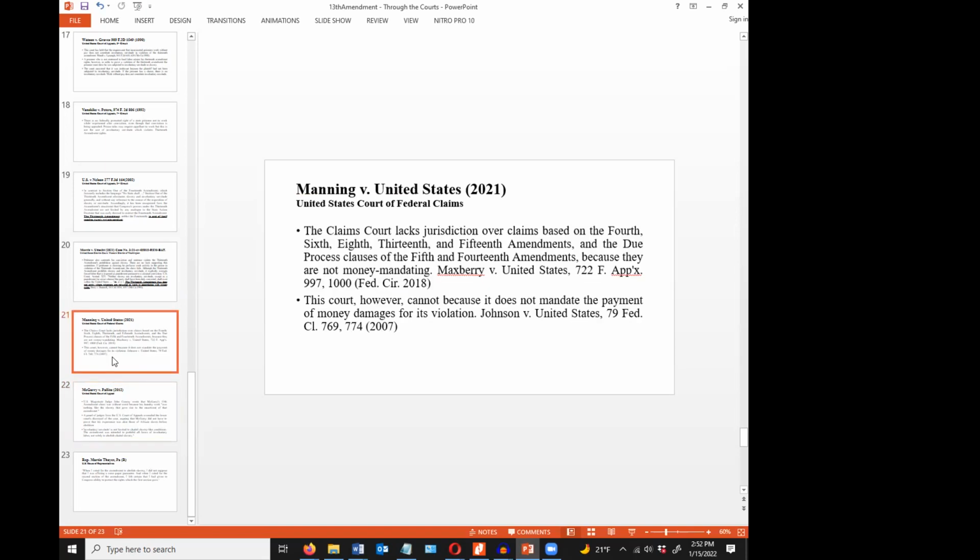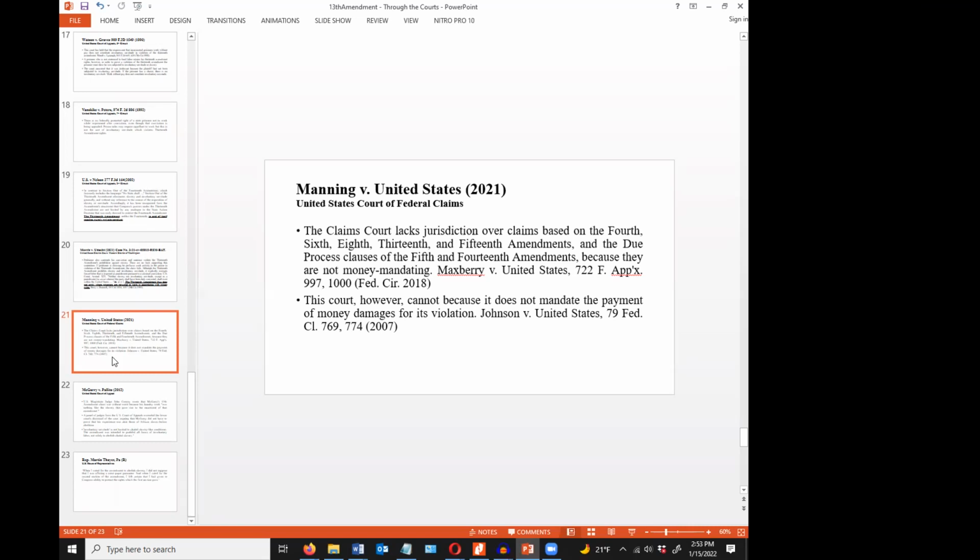Okay, so in other words, there are other claims where people are alleging violation of 14th Amendment equal protection, or saying that certain conditions within a prison violate the 13th Amendment prohibition against involuntary servitude and slavery. But what happens when someone wants to sue for monetary damages?